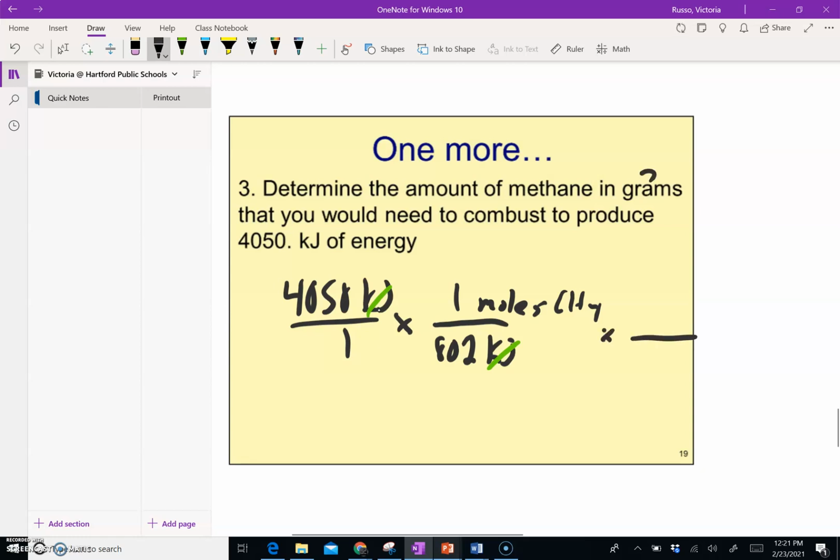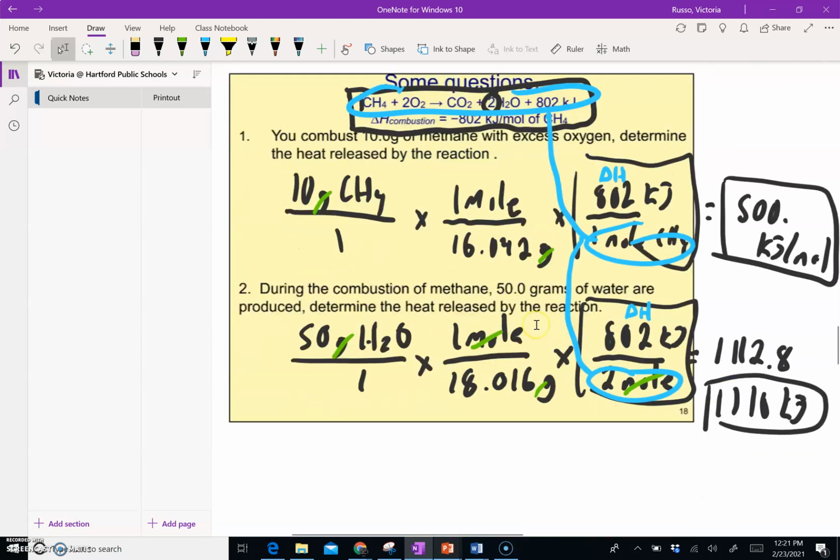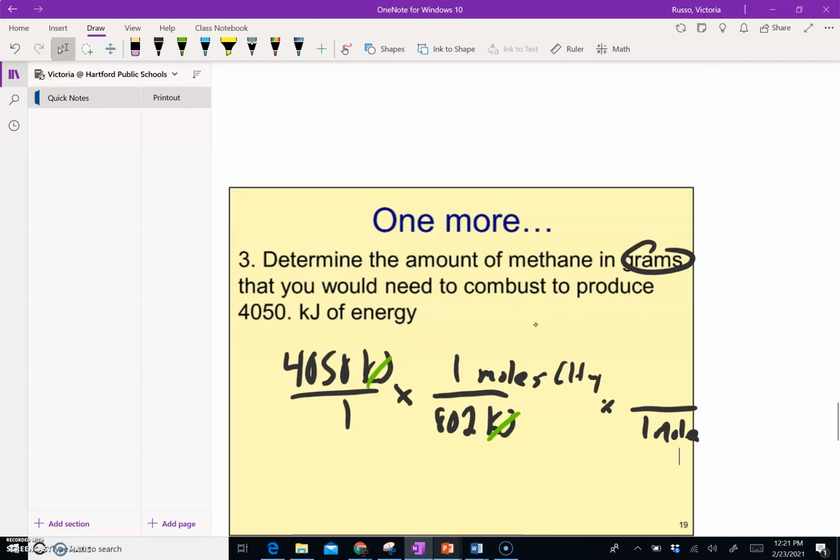And again, they want grams, so we need to cancel moles. You should know that 1 mole is the molar mass of methane, which we already figured out up here, which was 16.042. If you do this math, it's 450 divided by 802 times 16.042.